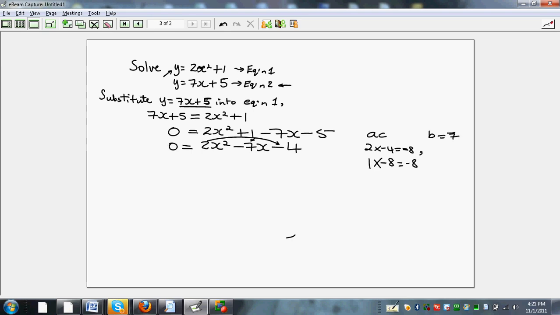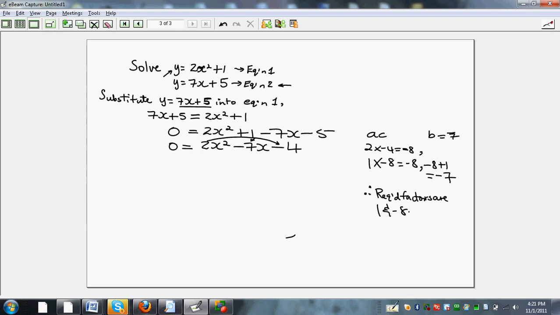And if I add minus 8 plus 1, that will give me minus 7. So the required factors are 1 and minus 8.